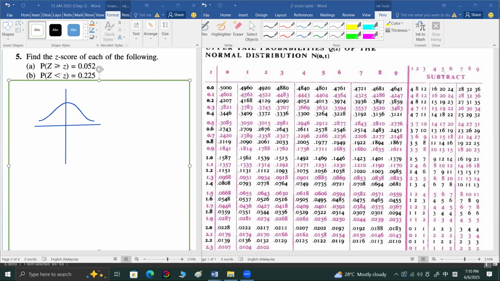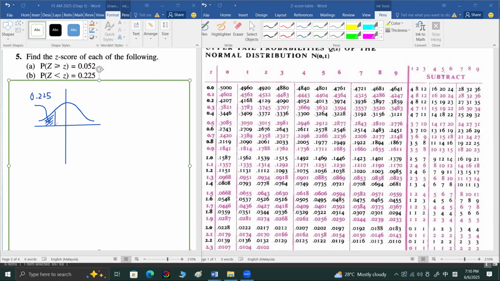Can you see to the left? If it's to the left, I have to sketch here, because here is 0.5 also. Here, less than, so I have to go to the left. So this region, the area here, is 0.225.